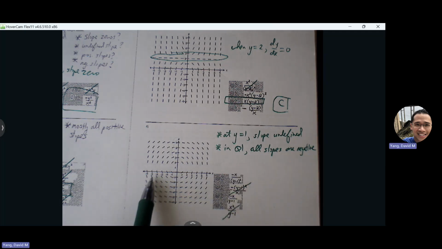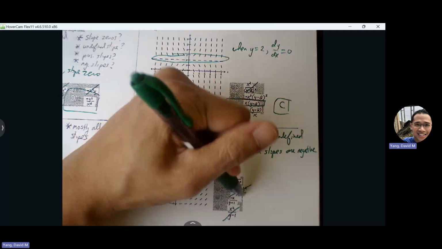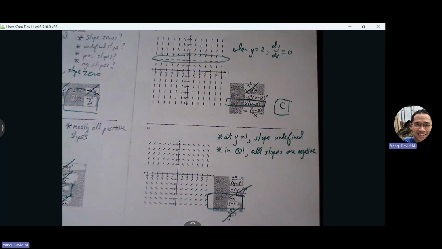If I try quadrant 3 ordered pairs in the first one, I'm getting positive values here, and that doesn't go with what we see here. So I think C is going to be the best choice there.